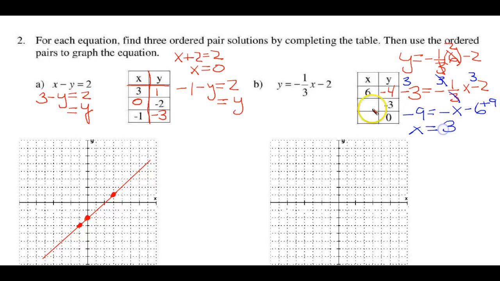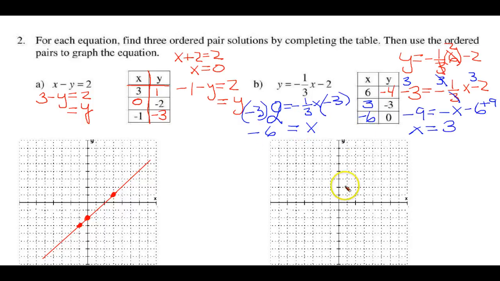So this gives us a 3. Now if y is 0, we'll put a 0 there. Negative 1/3 x. I'll bring the negative 2 over there. This will become a positive 2 then. And we'll multiply this by its reciprocal, a negative 3 over 1. And a positive x then equals a negative 6.